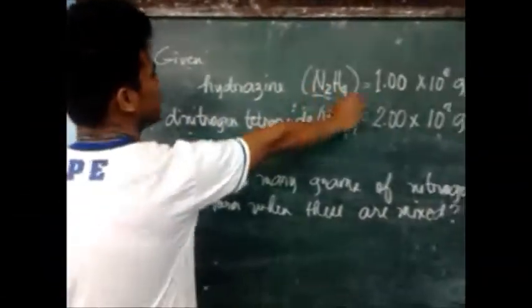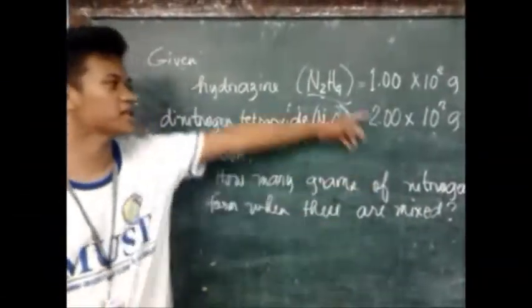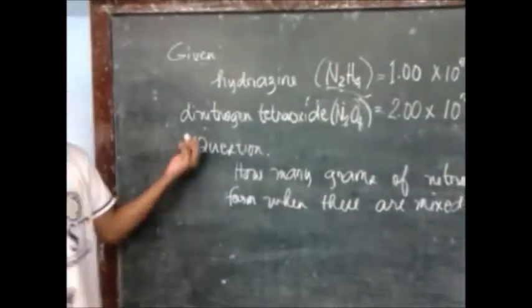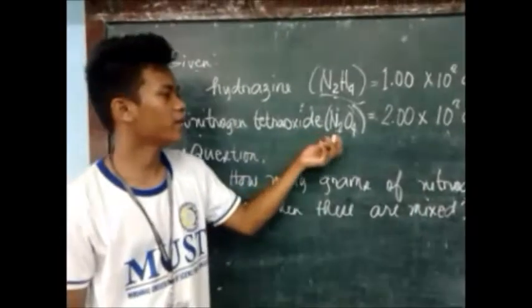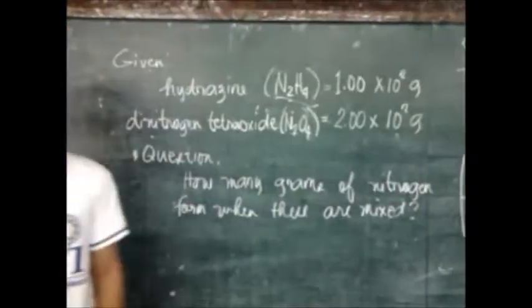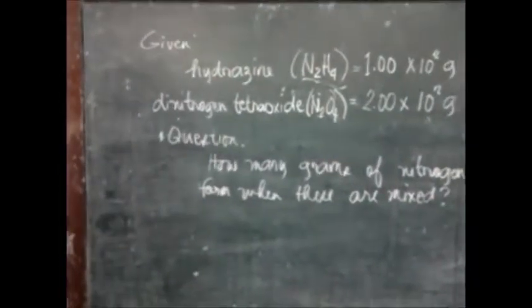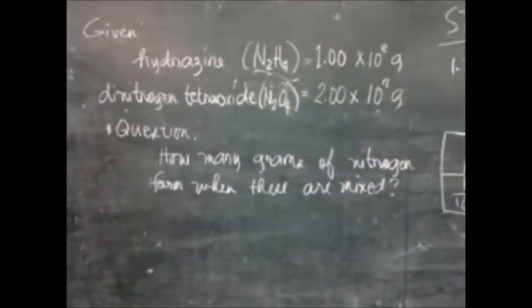Hydrazine, N2H4, is 1.00 times 10 to the power of 2 grams, and dinitrogen tetraoxide, N2O4, is 2.00 times 10 to the power of 2 grams. Question: how many grams of nitrogen form when these are mixed?